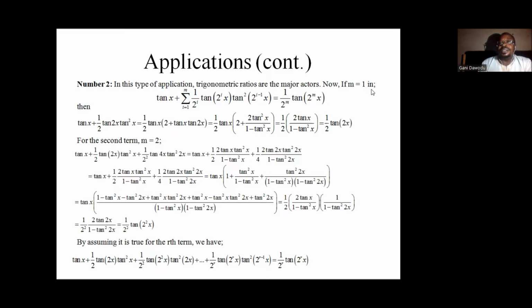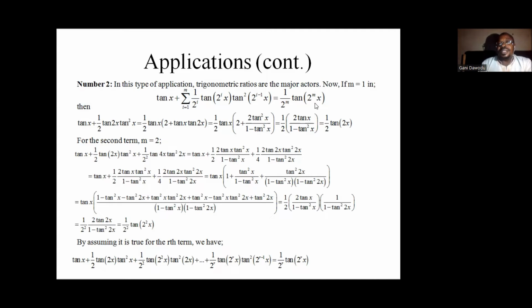So if we iterate it with m equals 1, we are going to have this. It will be an instance in which i is equal to 1 under the summation, and that will be this. Under simplification, it's this, and it ultimately will give that.